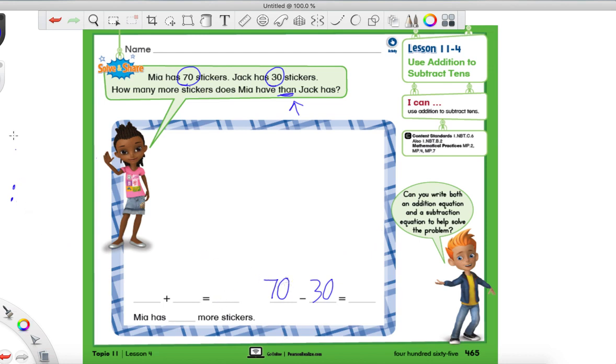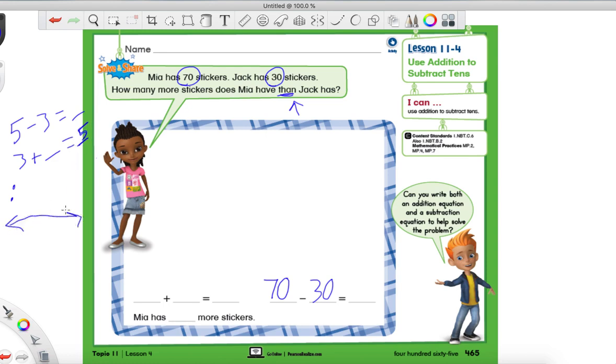So let's do a really quick example where maybe it was 5 minus 3 equals something, right? And then we had 3 plus blank equals 5.